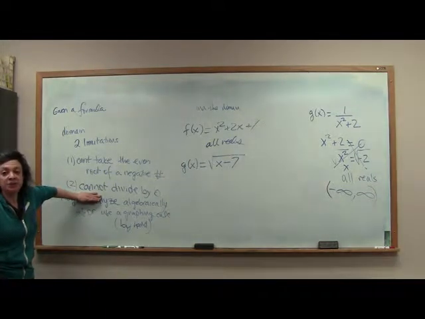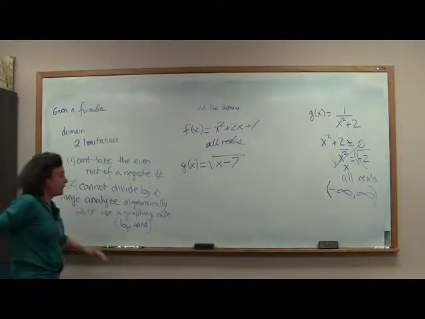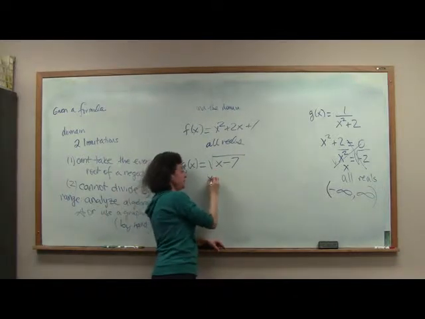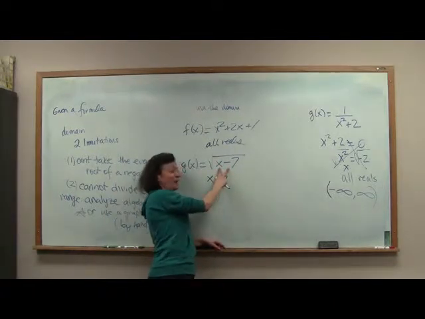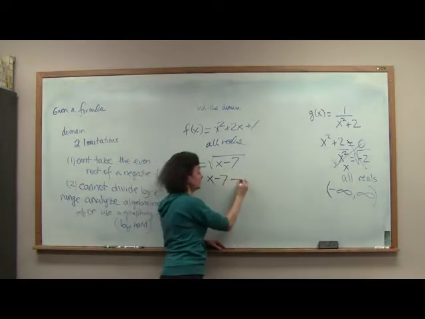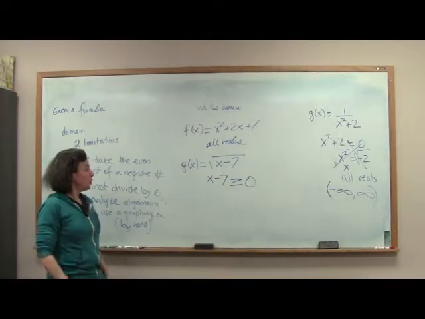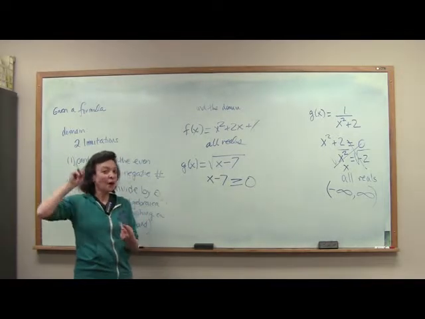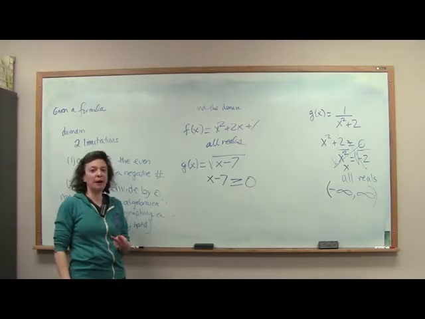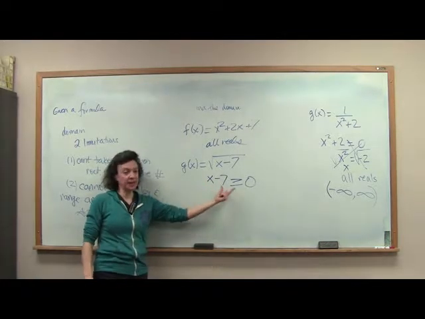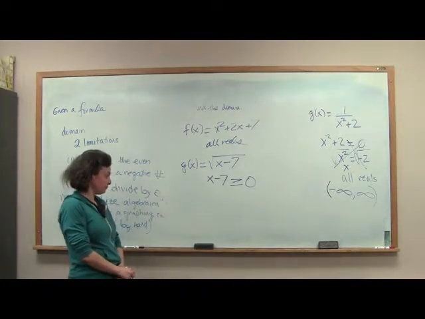But I do need to worry about taking the square root of a negative number. I think, or I hope you'll grant me, that this thing under my radical, whatever I'm taking the square root of, has got to be greater than or equal to 0. Okay, we're allowed to take the square root of 0, and we're allowed to take the square root of any positive number. And the way we write that mathematically is it's got to be greater than or equal to 0.